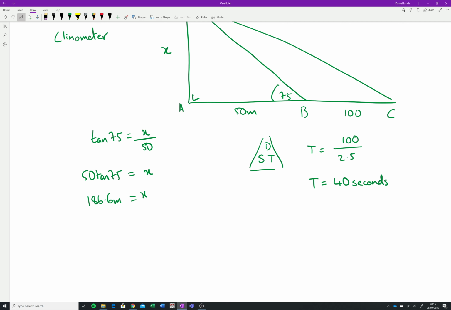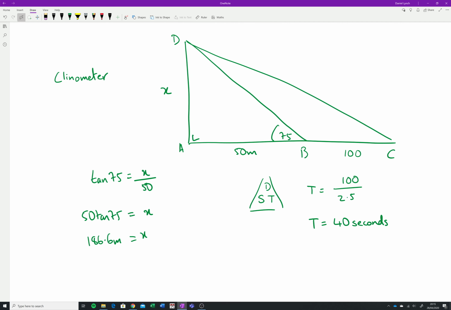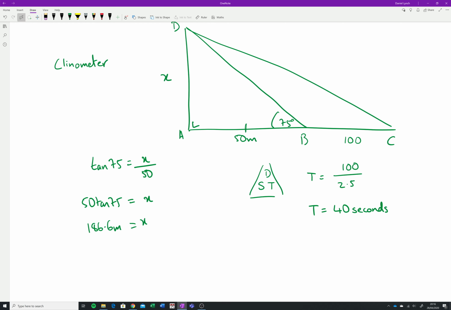The upshot of that would be that if this is 75 degrees, and we went to the 25 meter mark using Sam's crazy logic, it would mean that when you look up, it would be 150. Well, of course it can't be, because straight up is 90. So there's no way that's going to be 150. So Sam is tragically mistaken.